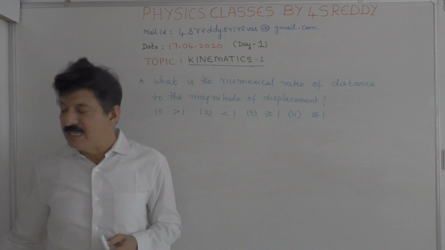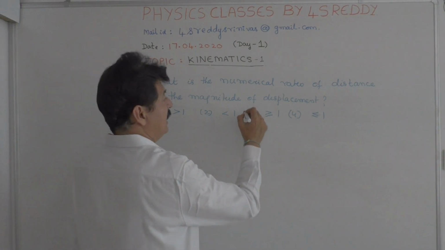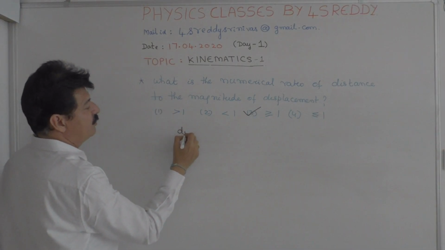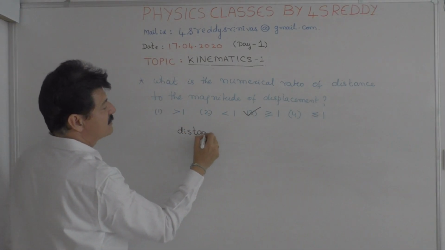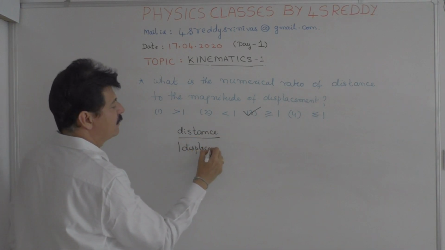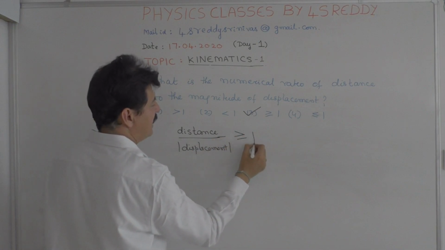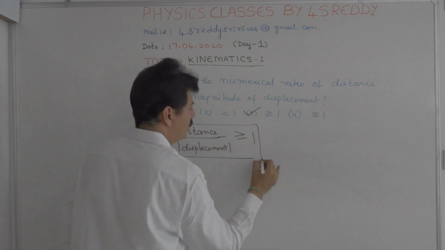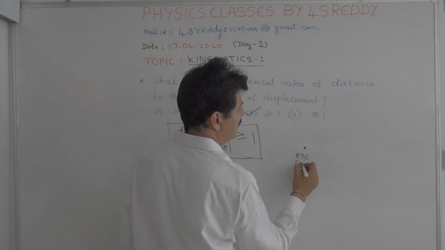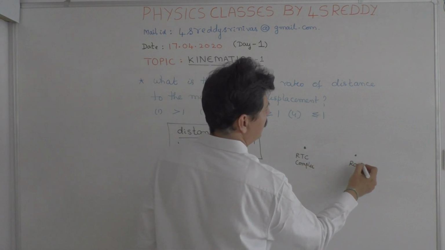So what is the right answer that we can consider? Here the right answer is always this: the numerical value of distance to the magnitude of displacement is always greater than or equal to 1. As we already said, this is the RTC complex, and this is the railway station.